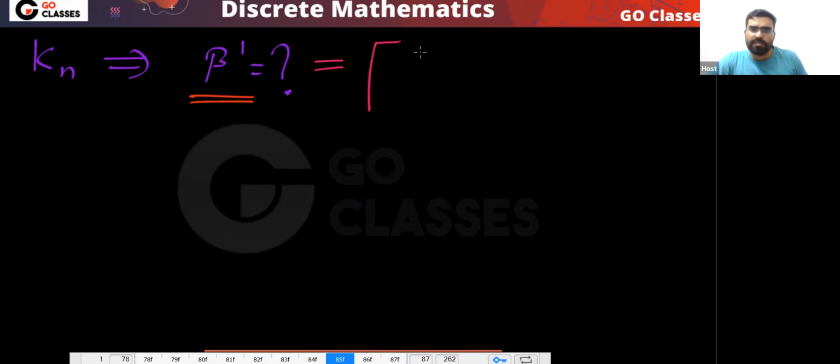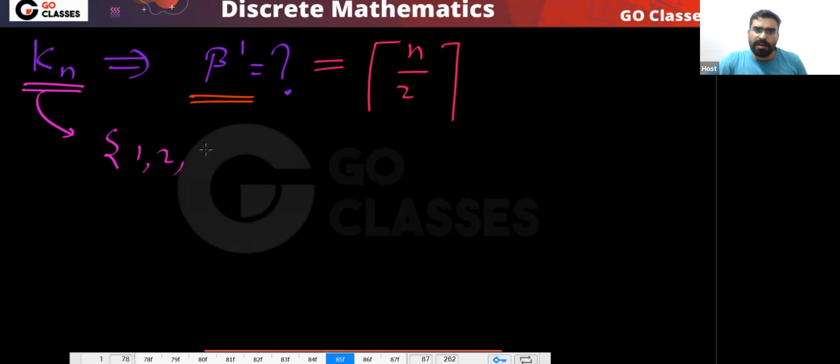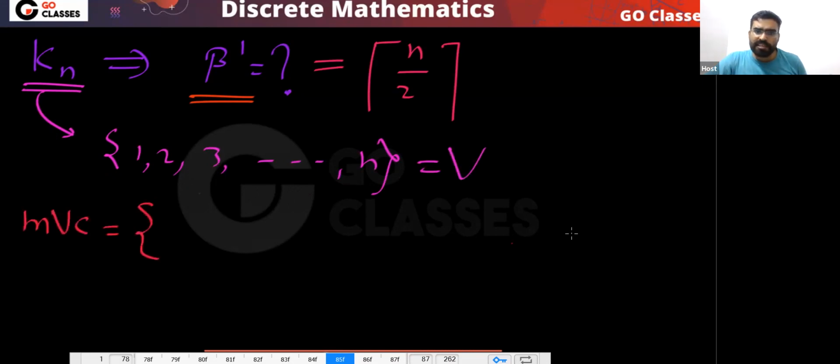That will be n by 2 ceil. Because if you have Kn, every two vertices are adjacent, right? Yes or no? So minimum edge cover will be like this.